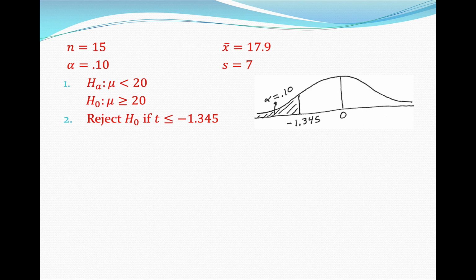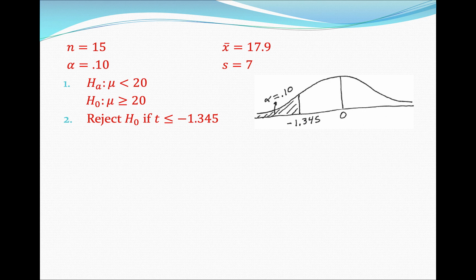If you look this up in the table, you have to keep in mind that you now have to deal with degrees of freedom because this is a t-distribution. So n equals 15, which means we have 14 degrees of freedom. You look up a t with 14 degrees of freedom and the area in the tail of 0.1, and you will get a t value of 1.345.